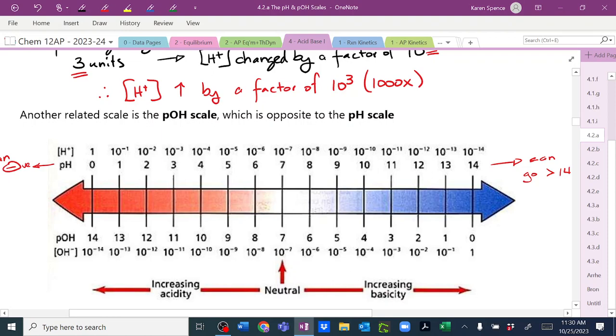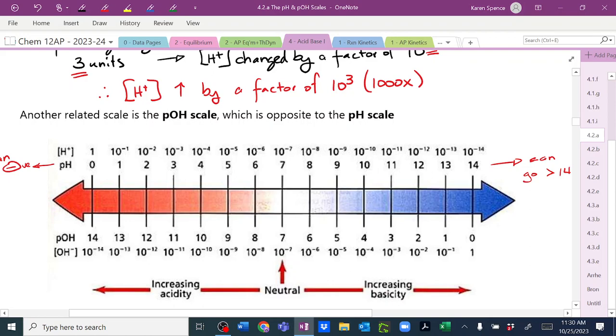So it's hard to get below that. And it's also hard to get above 14. If you have sodium hydroxide at a concentration of 10 molar, you can get above 14. But it's hard, because at some point it just stops dissolving in water.